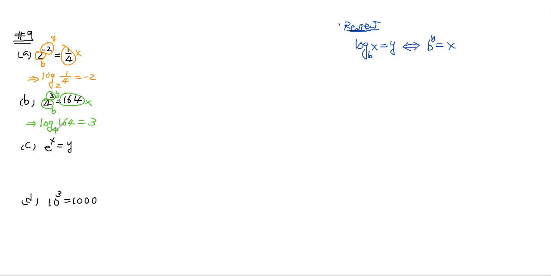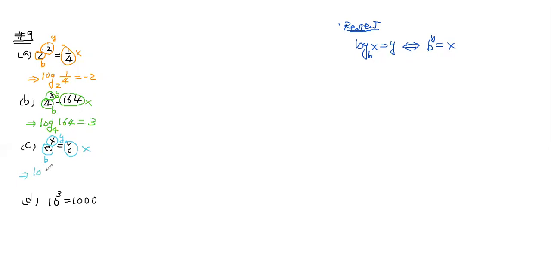Now the next one is e to the x equals y. This is your base, this is x, this is y. How do we rewrite it?